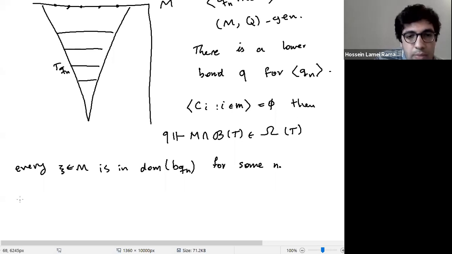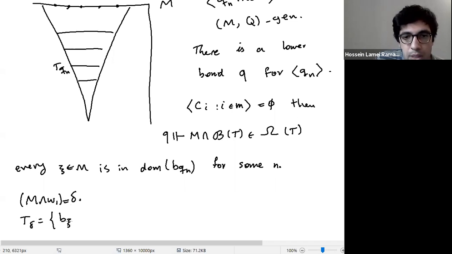So let's assume that M intersect omega 1 is delta. Then under this situation, T delta is going to be the set of all big psi at delta. So this means the elements of big psi which are of height delta, such that psi is in M intersect omega 1. So this is going to be the level T delta. Now pick an arbitrary branch of this tree T. The delta element of that branch is in T delta, of course.